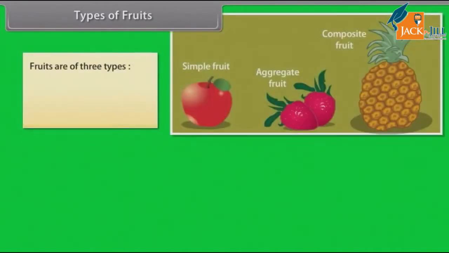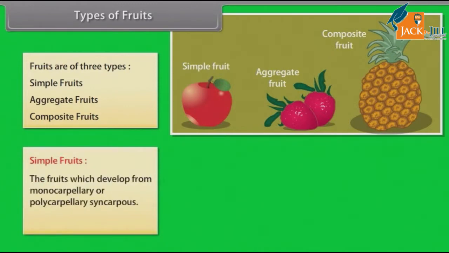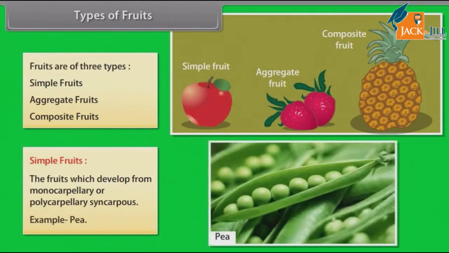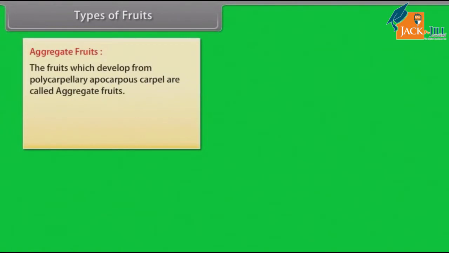Types of fruits. Fruits are of three types: simple fruits, aggregate fruits, composite fruits. Simple fruits: the fruits which develop from monocarpellary or polycarpellary syncarpous ovaries. Example, pea. Aggregate fruits: the fruits which develop from polycarpellary apocarpous carpels are called aggregate fruits.